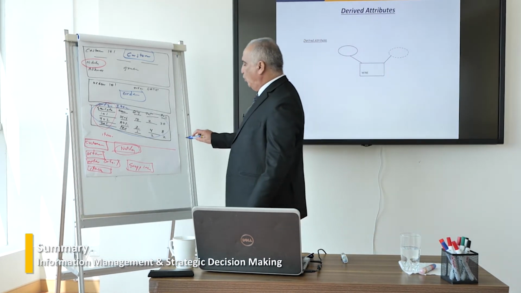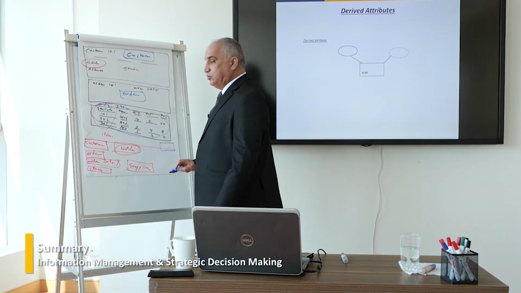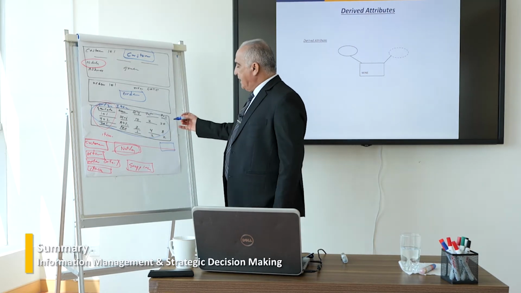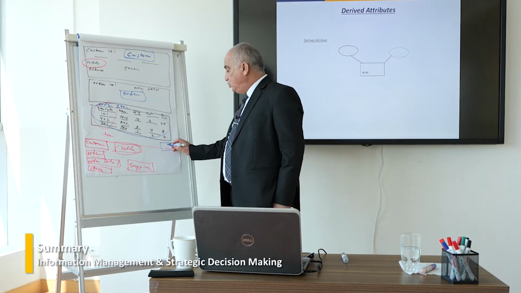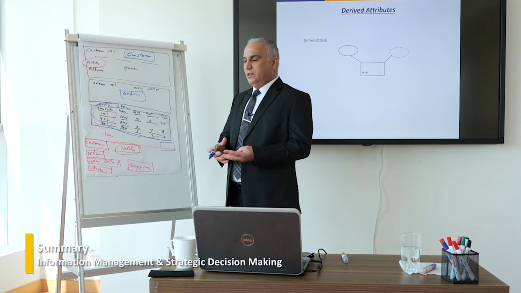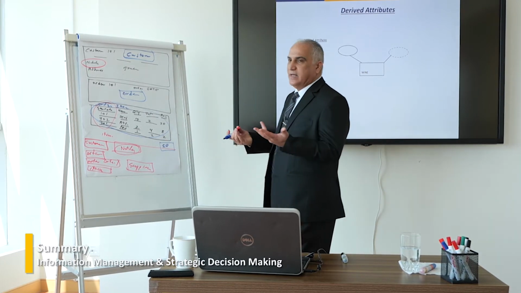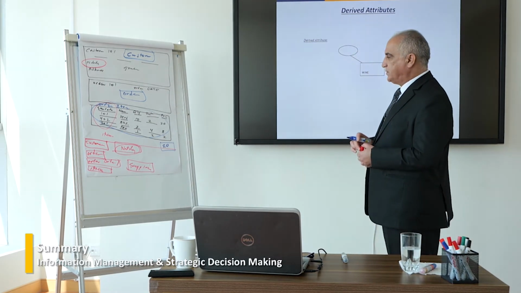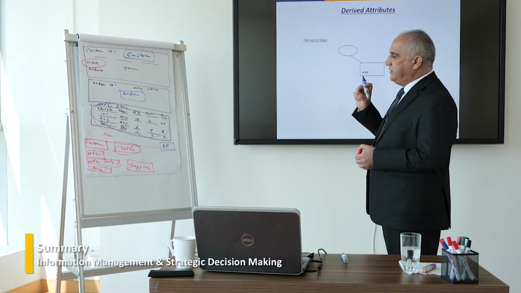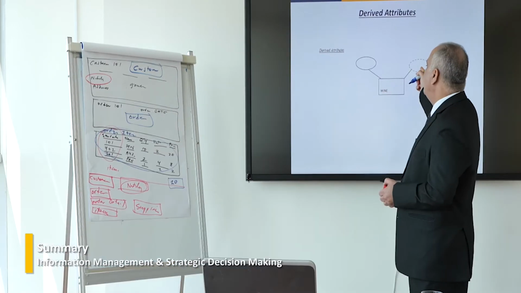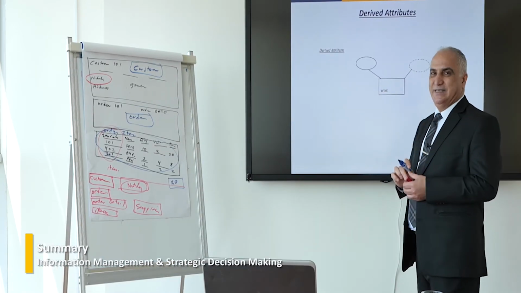I want to know the total cost. If you look at it, 2822. So total cost is 20. Okay, in this case, example, currency $20. In this case, the cost is a derived attribute.